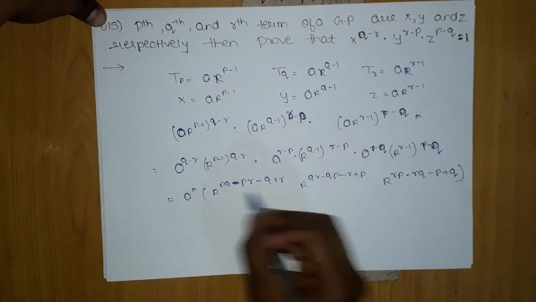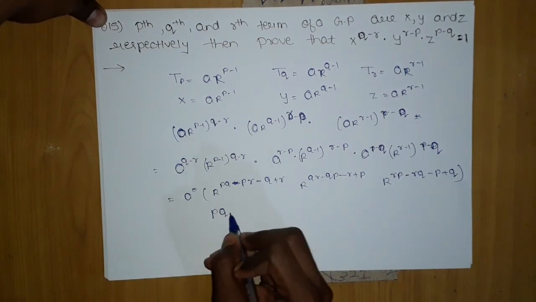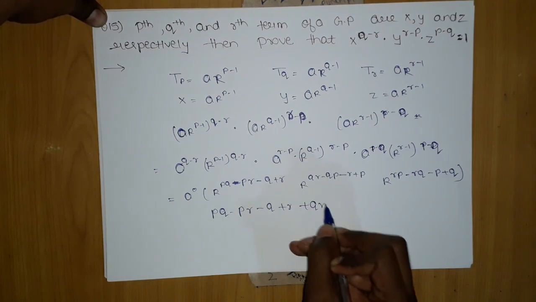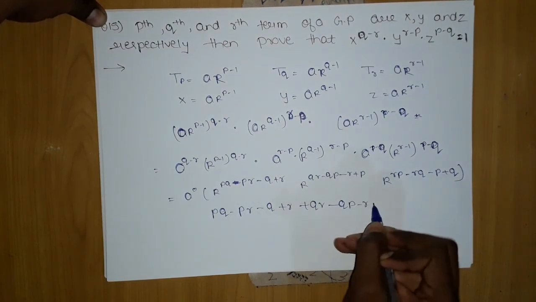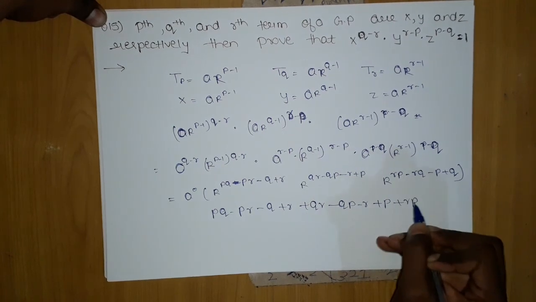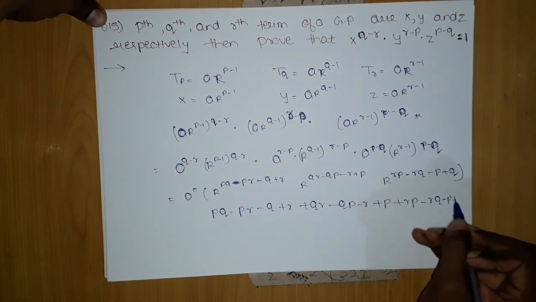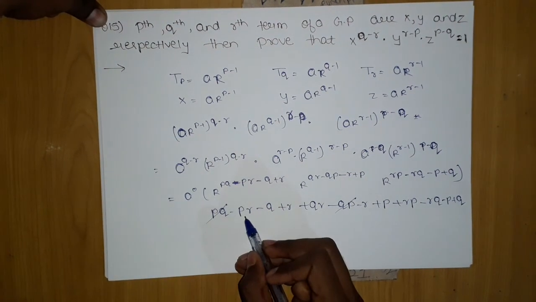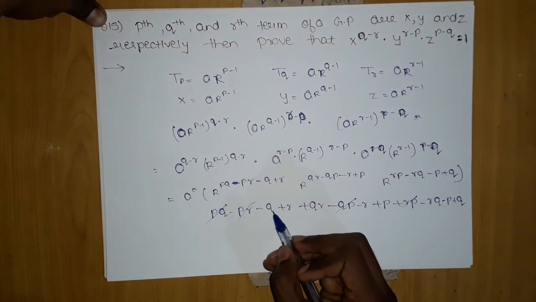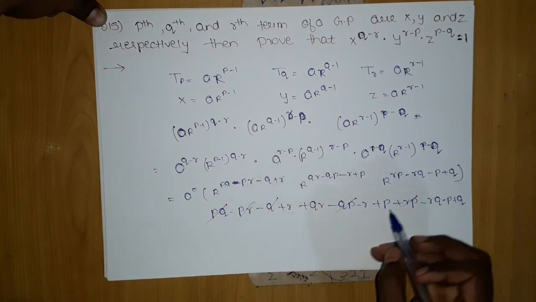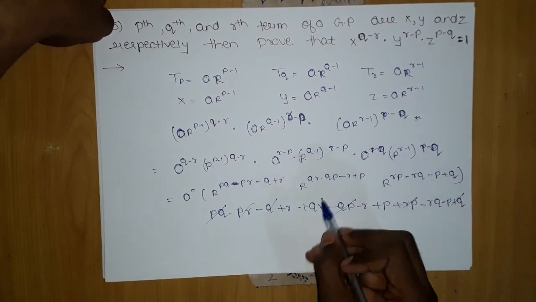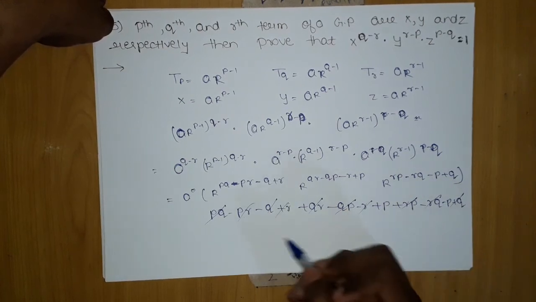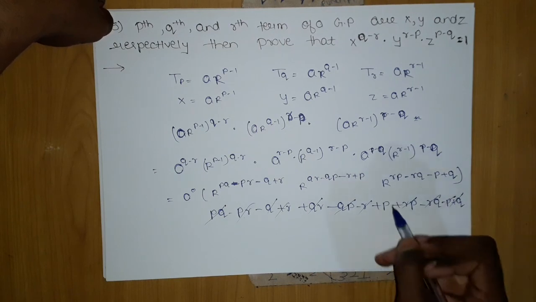Adding all these values: pq minus pr minus q plus r plus qr minus qp minus r plus p plus rp minus rq minus p plus q. Each term cancels out with its opposite.